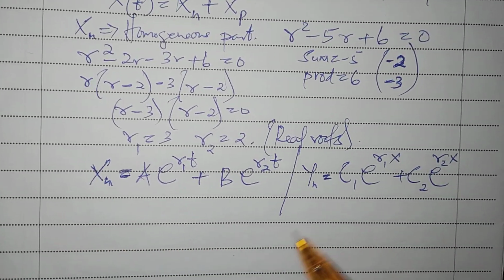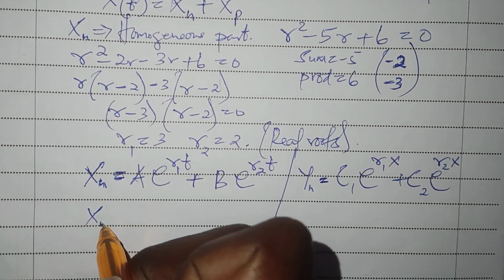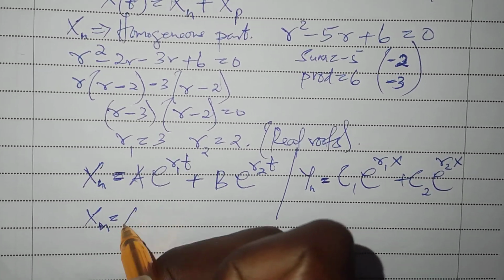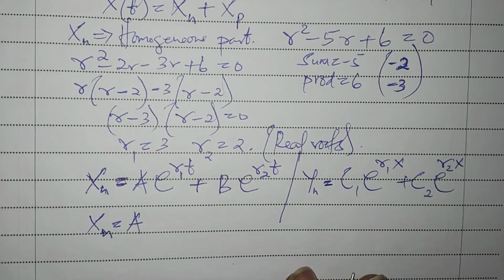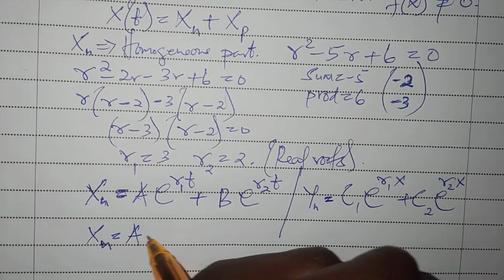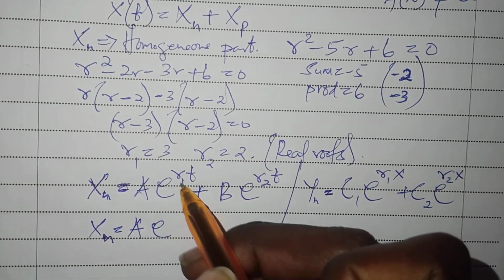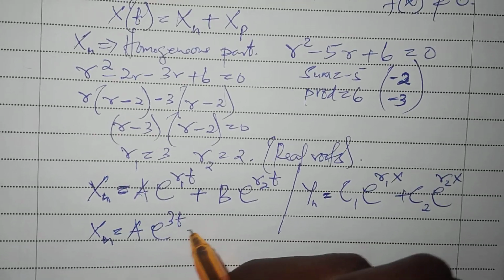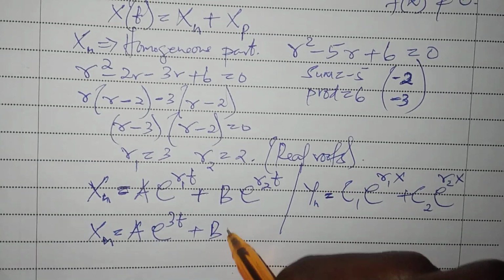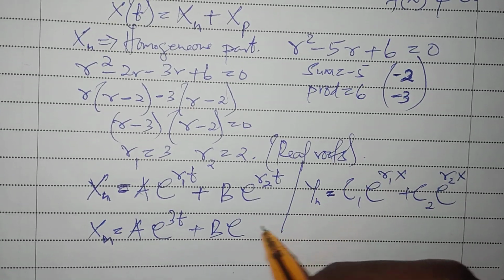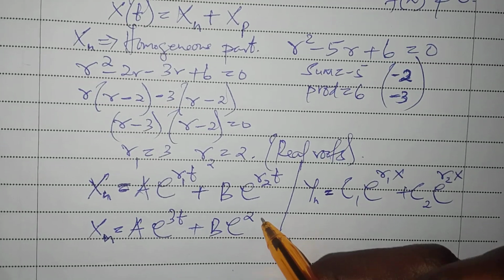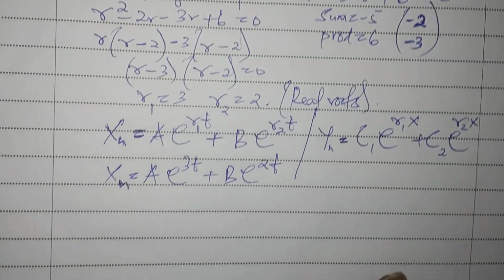So for our case here we have xn, the first constant a, e to the 3t plus b, e to the 2t.